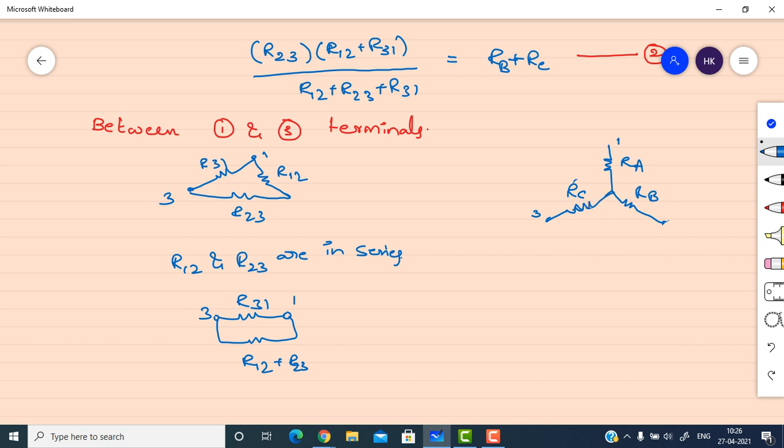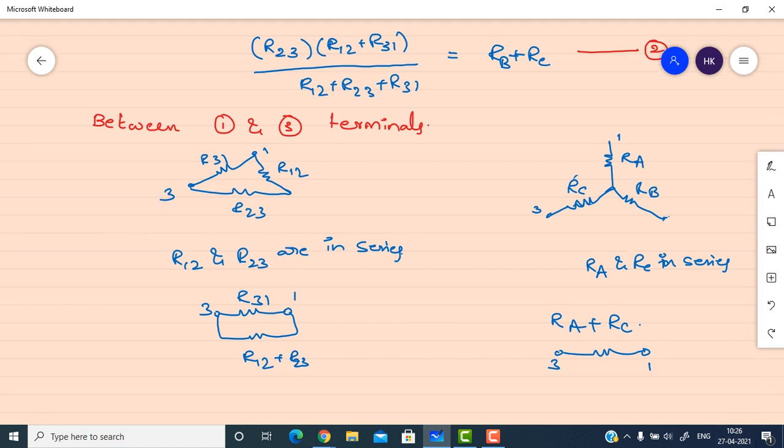So RA and RC will be in series. So the equivalent resistance between 1 and 3 is RA plus RC in the case of the star connection.